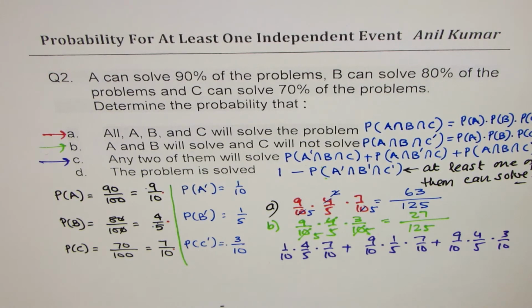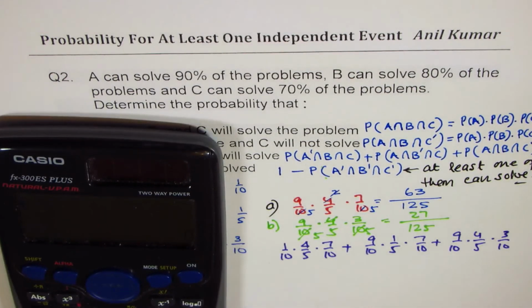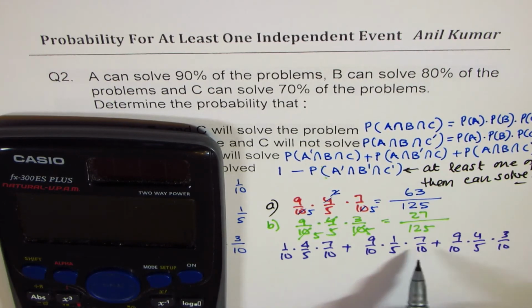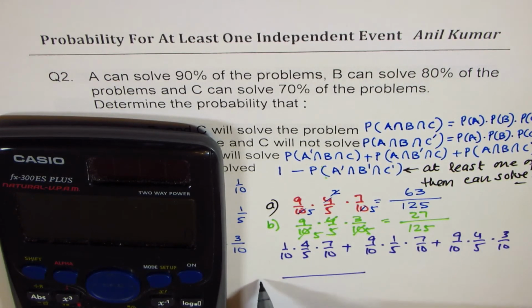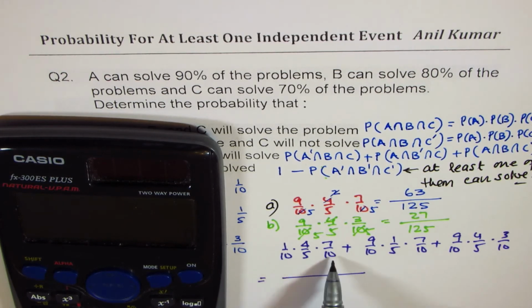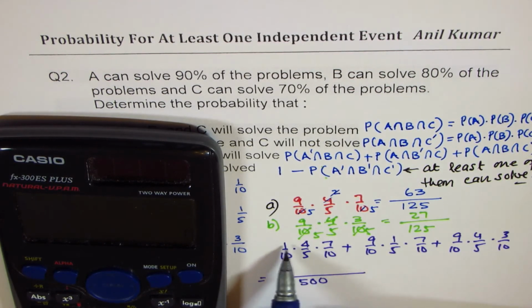So what we can do here is quickly add these numerators and then we'll simplify. So the denominator, let's keep it constant, equal to 10 times 10, 100, 500. Let's keep it 500, right? And we'll add these things.